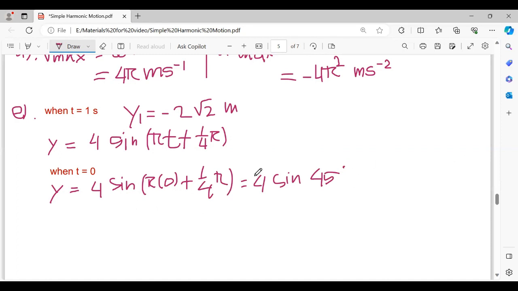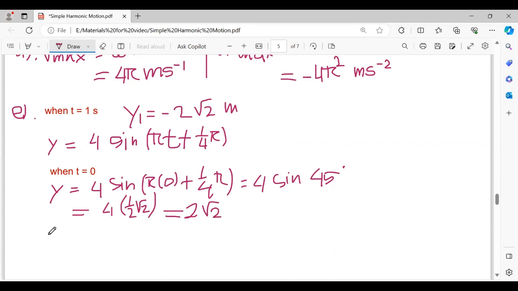So y equals 4 times half square root 2, because sine 45 is half square root 2. If we multiply, y equals 2 square root 2.